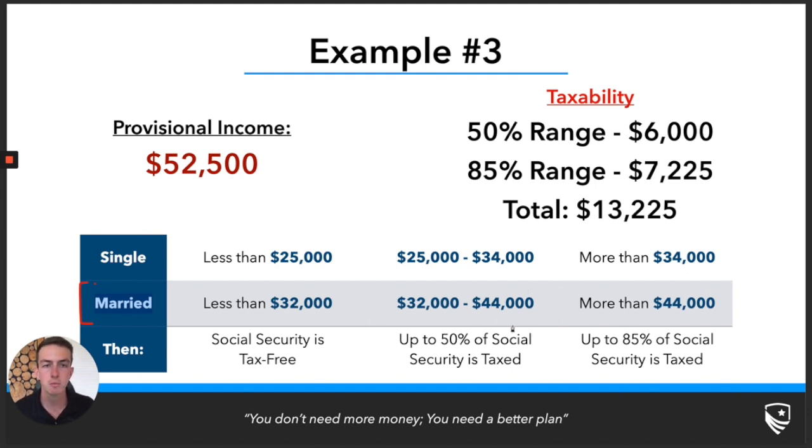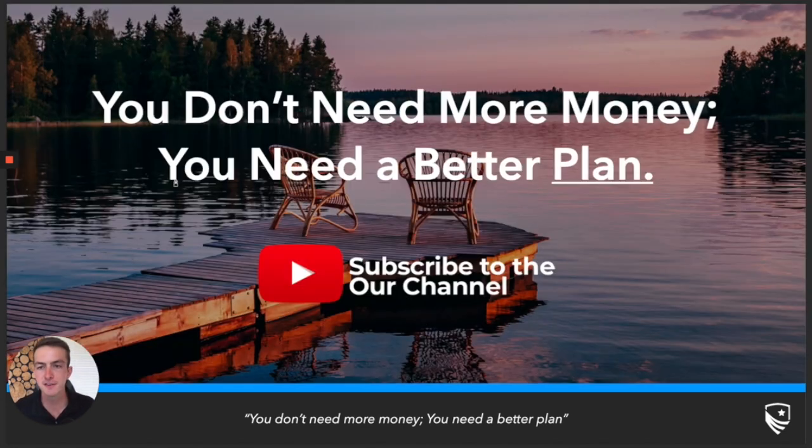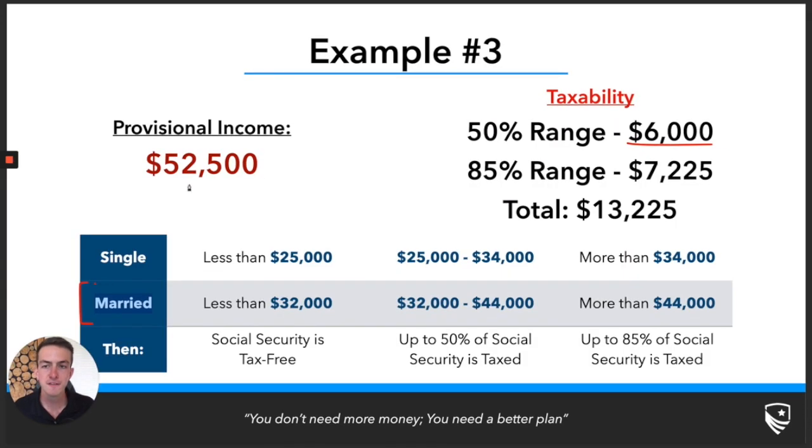Again, we already covered what that means. That means they're going to have $6,000 of their Social Security benefit become taxable within this 50% range. And then obviously $52,500 is more than this $44,000 threshold.